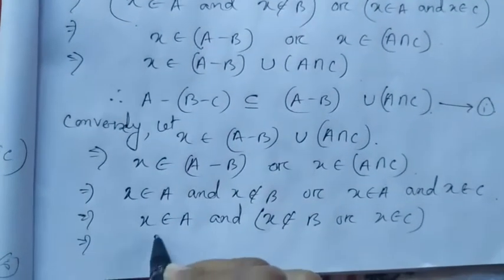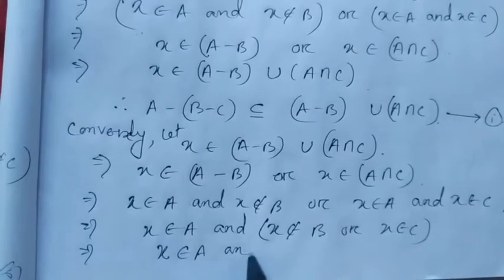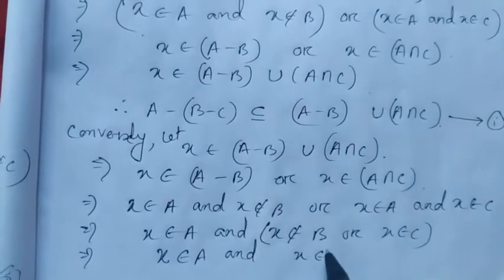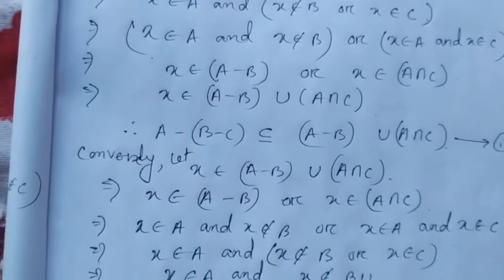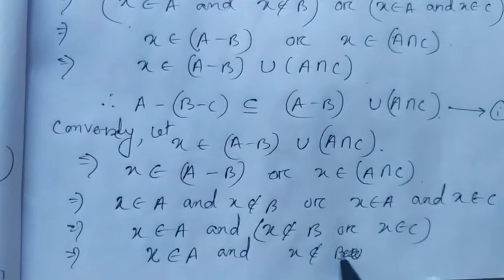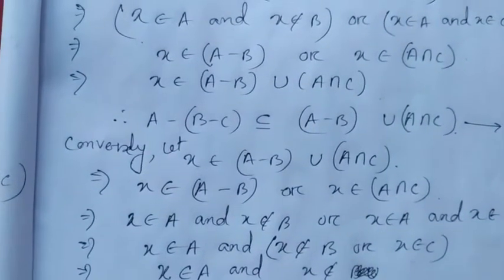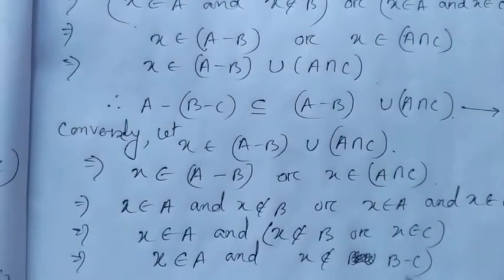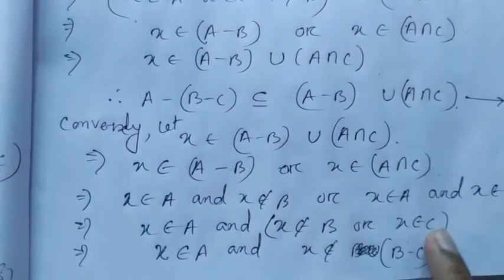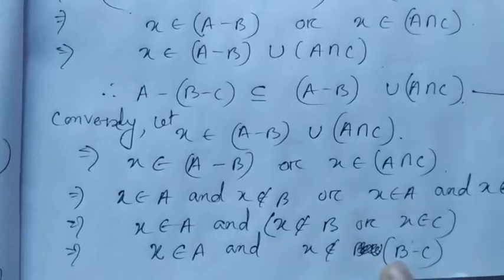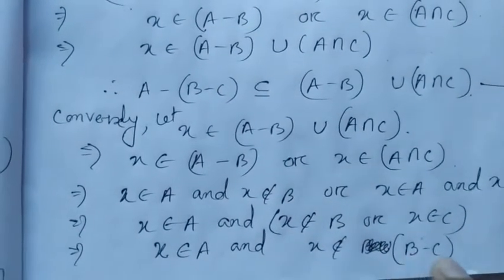This implies x belongs to A and x not belongs to B or x belongs to C. That means what we can write? x not belongs to B minus C, isn't it? Because x not belongs to B or x belongs to C, that means x will be not there in B, so x will be not there in B minus C also.